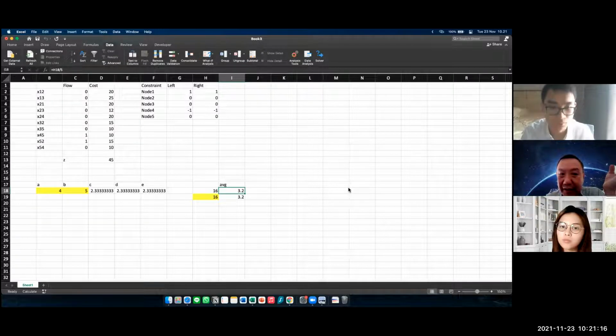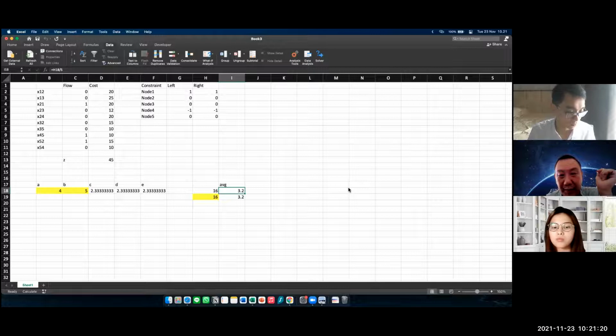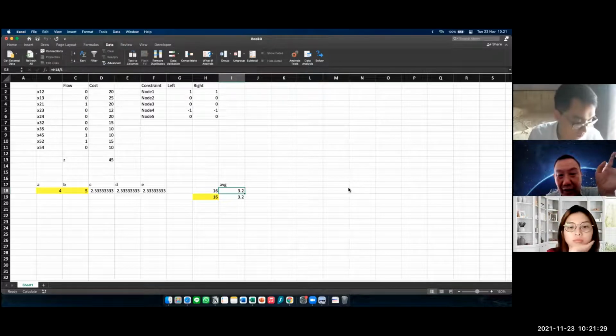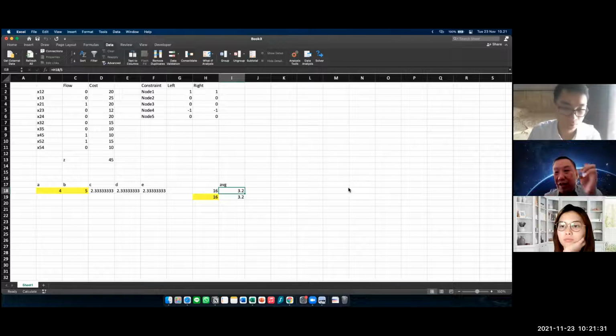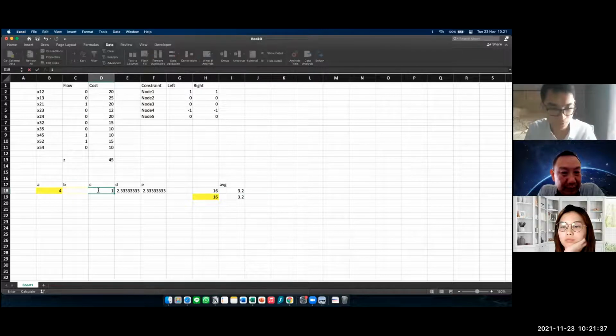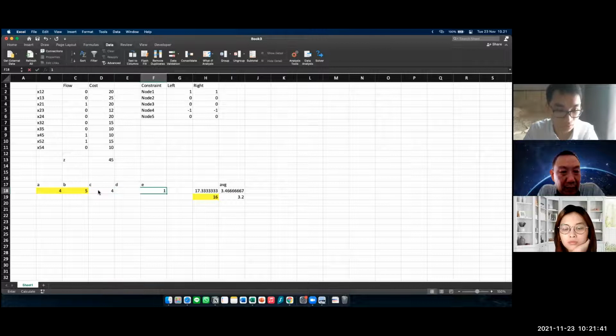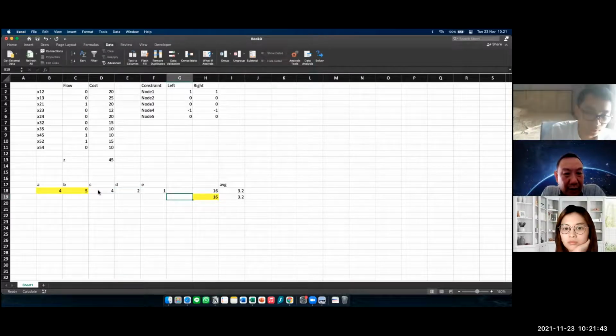For C, D, E, instead of equal, can you make it not equal originally? 4 to 1, or 1 to 4, is up to you. Okay, and then take the standard deviation.